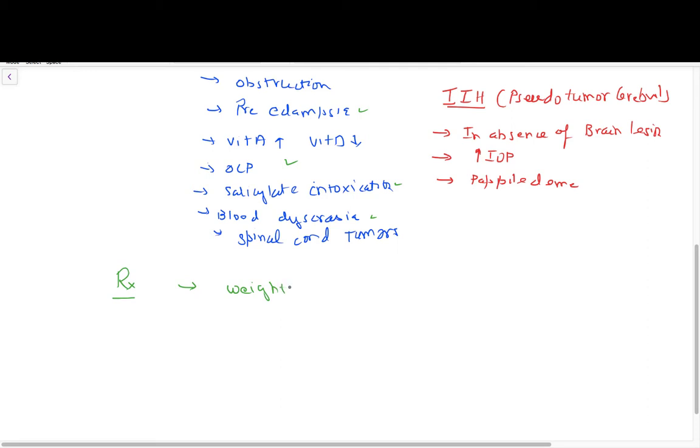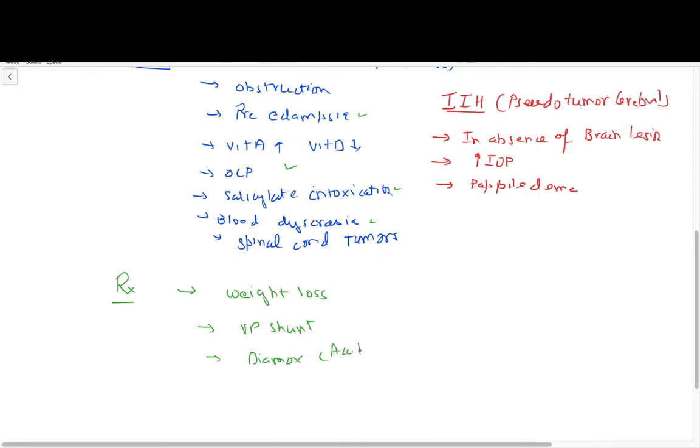So you have to tell the patient, if there is pseudotumor cerebri, to lose weight. Also, you can go for a VP shunt to decrease the pressure. If the patient is not surgically stable, you can give Diamox or acetazolamide tablets. So this is all you should know about papilledema, an important topic.